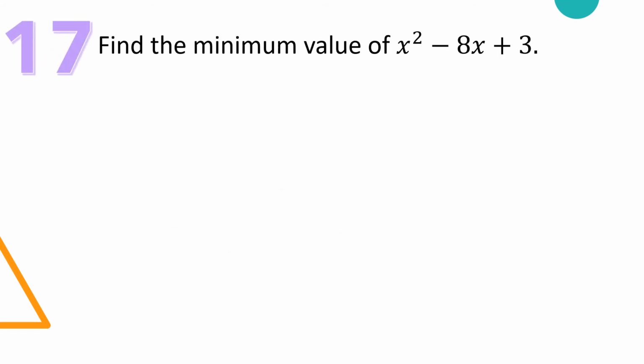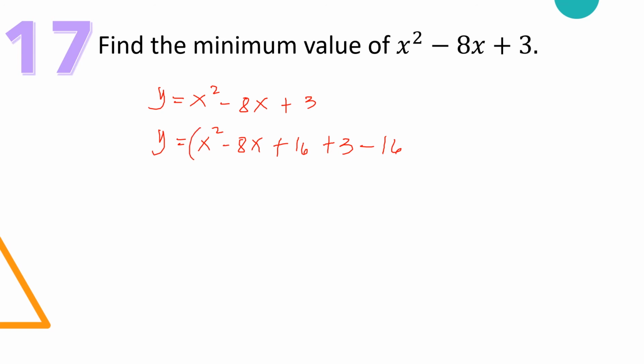Number 17. Find the minimum value of x squared minus 8x plus 3. Let y be a function of x, that is x squared minus 8x plus 3. Then we have y is equal to x squared minus 8x plus 16 plus 3 minus 16, completing the square in x squared minus 8x.